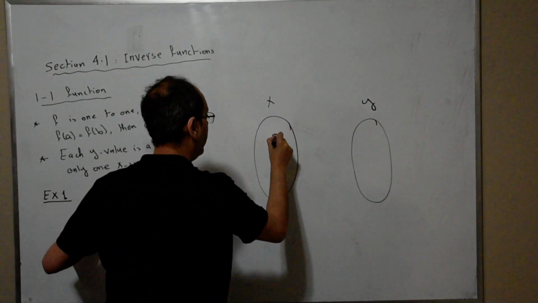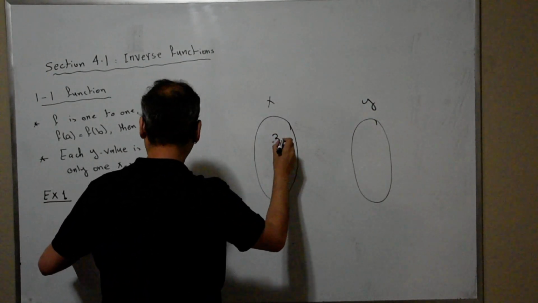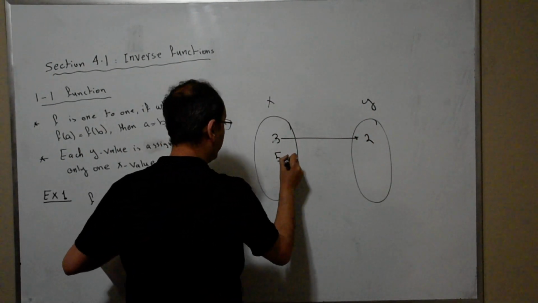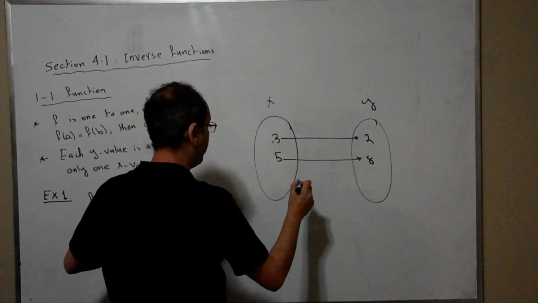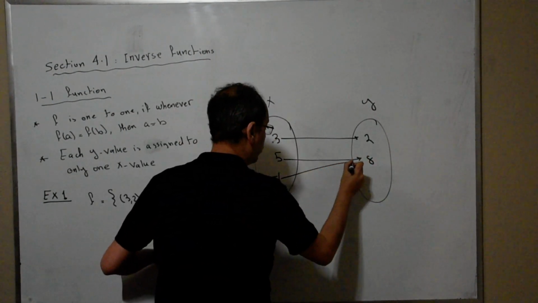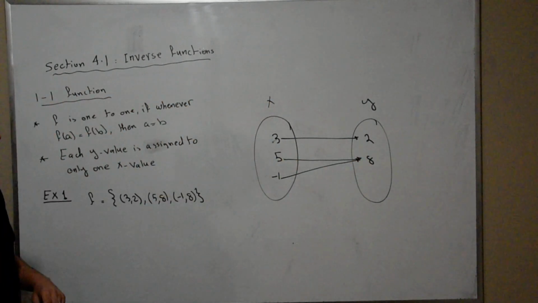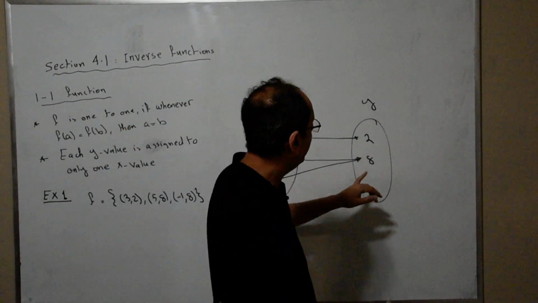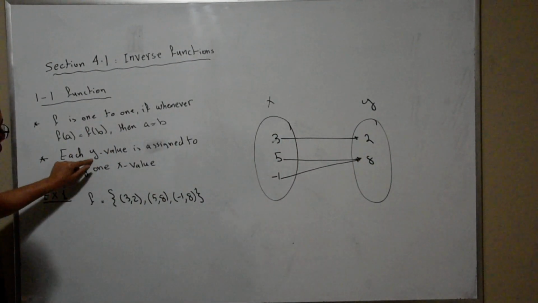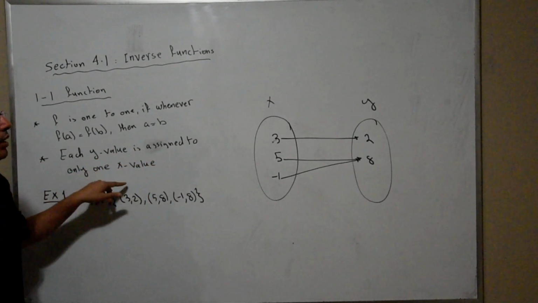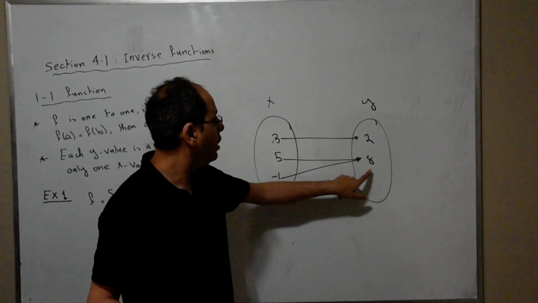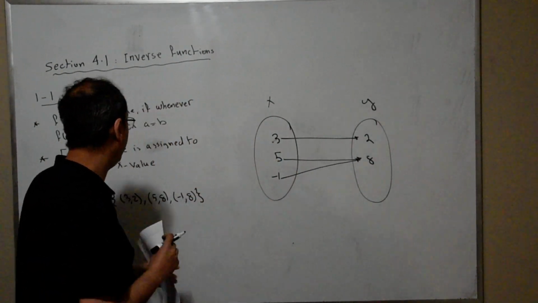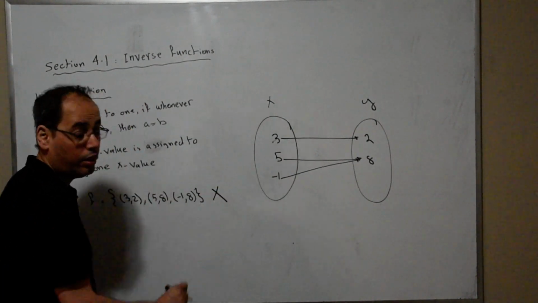I have 3 connected to 2, 5 connected to 8, and negative 1 connected also to 8. So two x values are connected to one y value. That disagrees with the definition that each y value is assigned to only one x value. So 8 is assigned to 5 and negative 1. Therefore, f is not one-to-one.